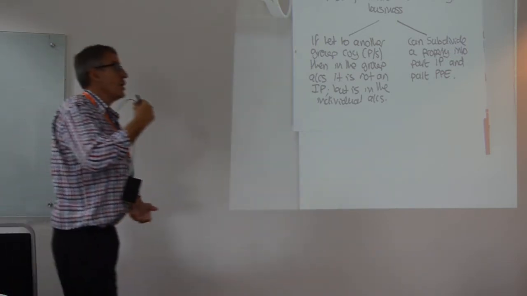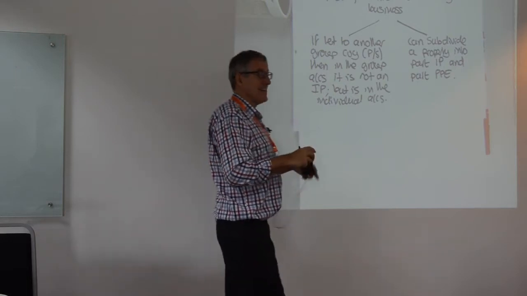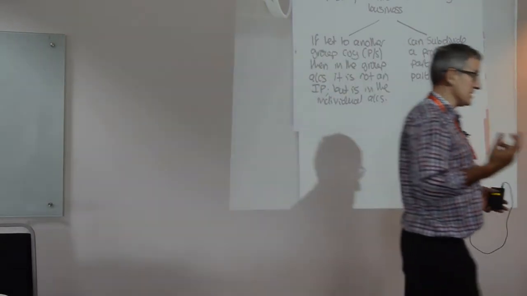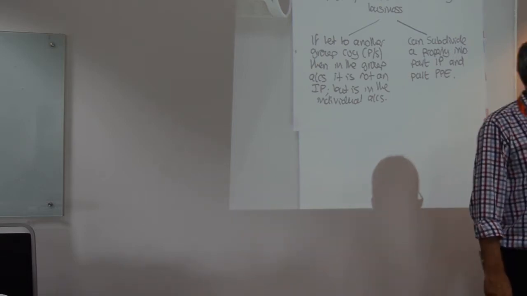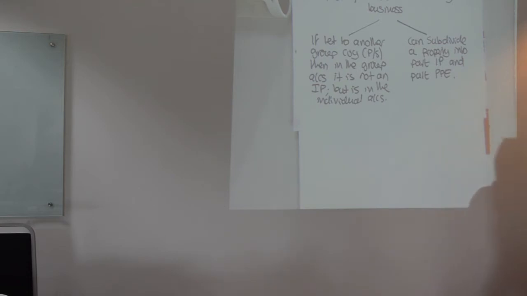If you have an asset as an investment property, then it's either standing idle or you're letting it out. Now, if you let it out, maybe the tenant wants Wi-Fi, so we provide Wi-Fi. Maybe the tenant wants security, so we provide security.